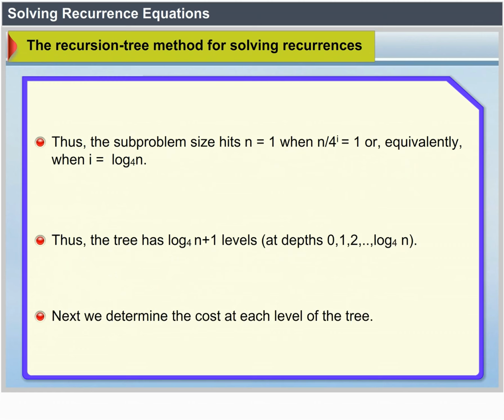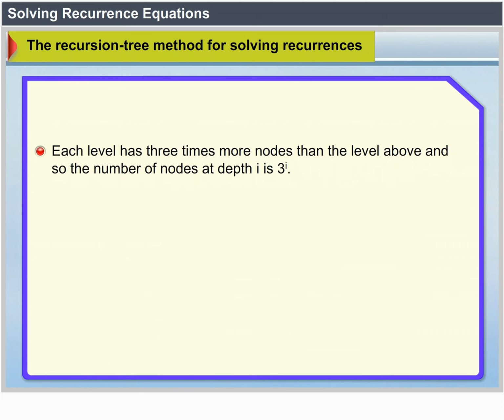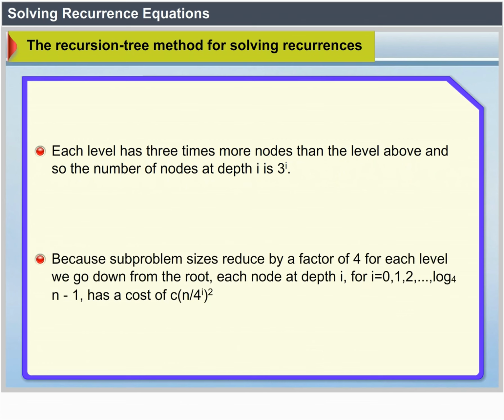Each level has 3 times more nodes than the level above, and so the number of nodes at depth i is 3^i. Because subproblem sizes reduce by a factor of 4 for each level we go down from the root, each node at depth i, for i = 0, 1, up to log₄ n − 1, has a cost of c(n/4^i)².